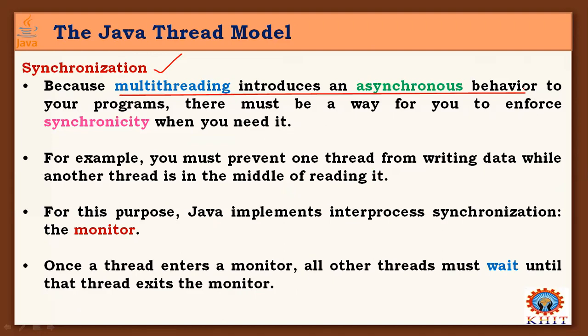But there must be a way for you to enforce synchronicity when you need it. Why? Because independent processes or independent thread executions don't need any synchronization. Whenever threads are cooperative with each other, for example, just like the consumer and producer problem in operating systems.